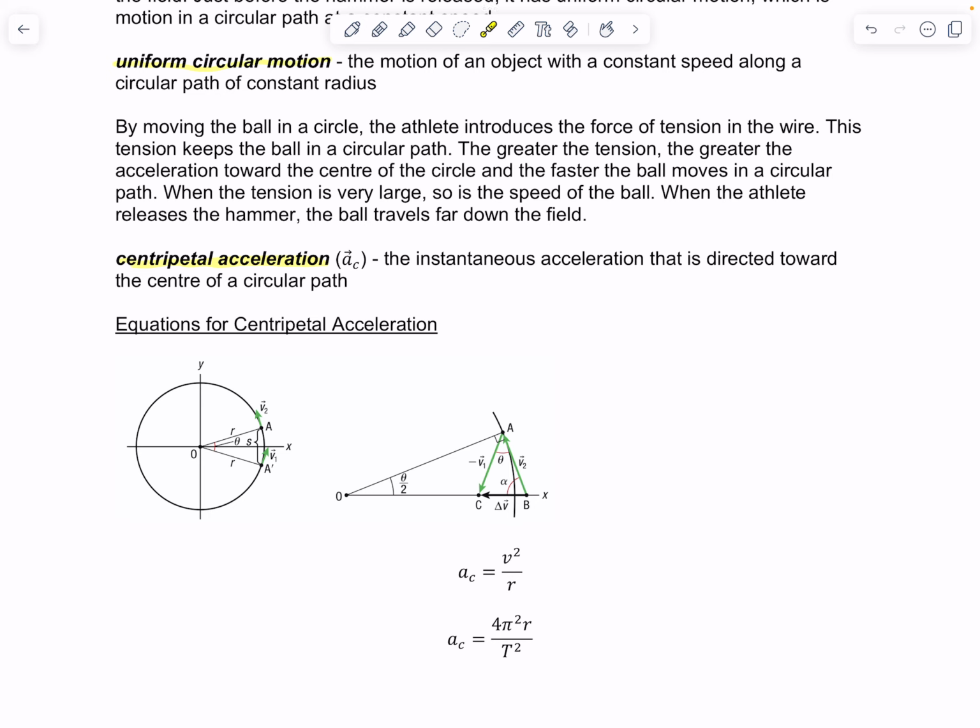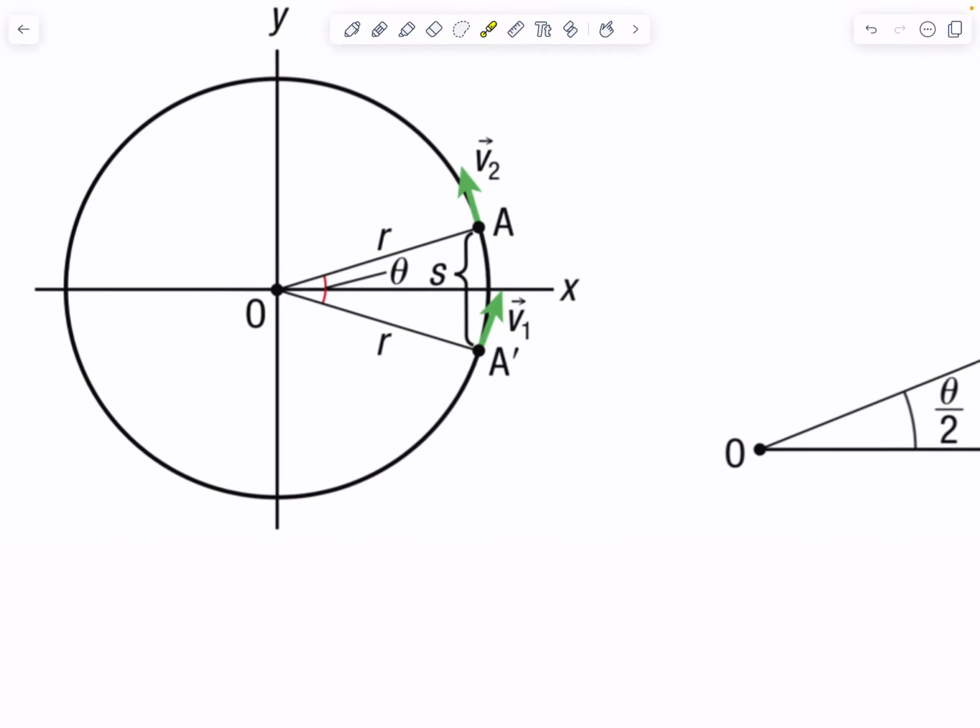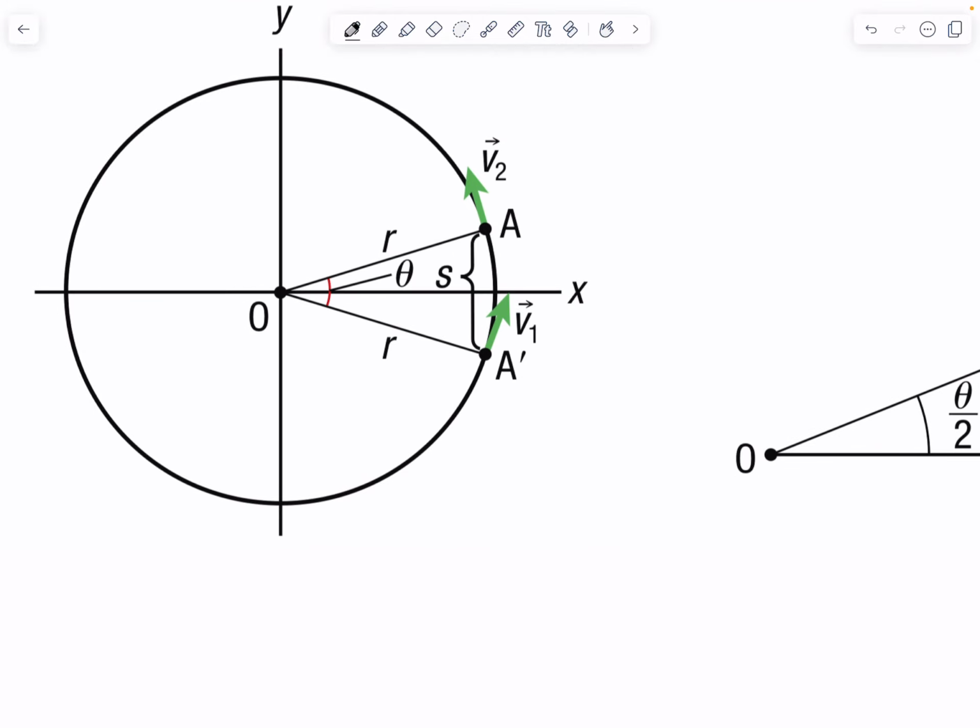Let's examine the direction of the acceleration, the centripetal acceleration. Here we have initial velocity, v1, I'll label it v1, and we have final velocity, v2, I'll label it v2.